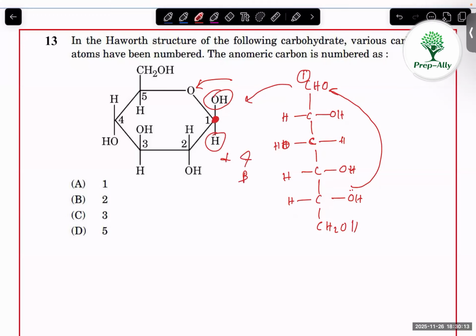When OH is on top, this is called beta D glucose. If OH is at the bottom, we call it alpha D glucose. This is all due to the changes in the first carbon, which is called the anomeric carbon. So the answer is option A.